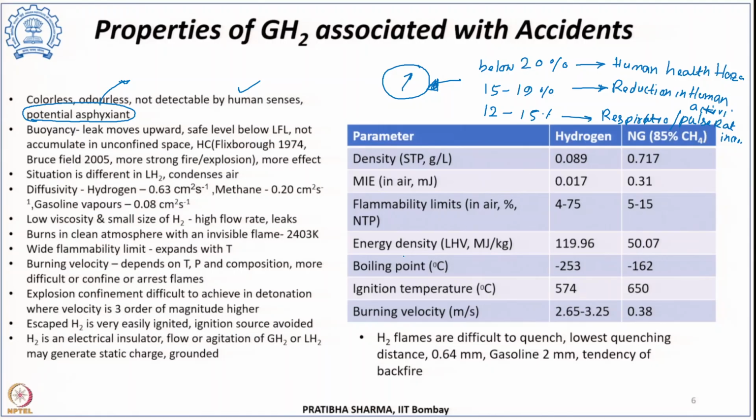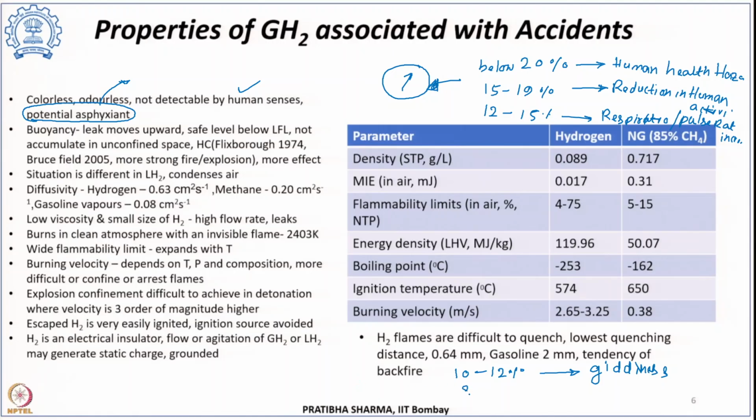With more reduction of the oxygen, when the oxygen falls between 10 to 12%, there are different symptoms.